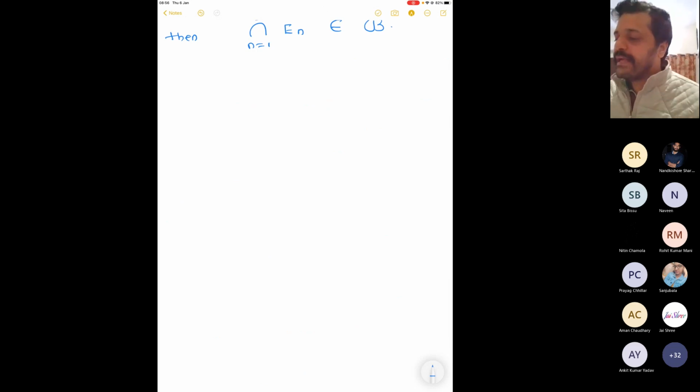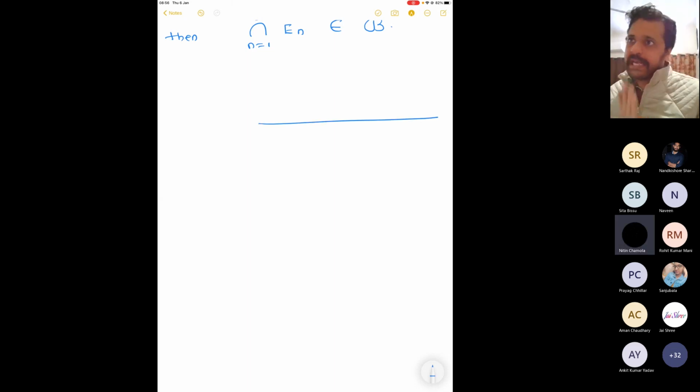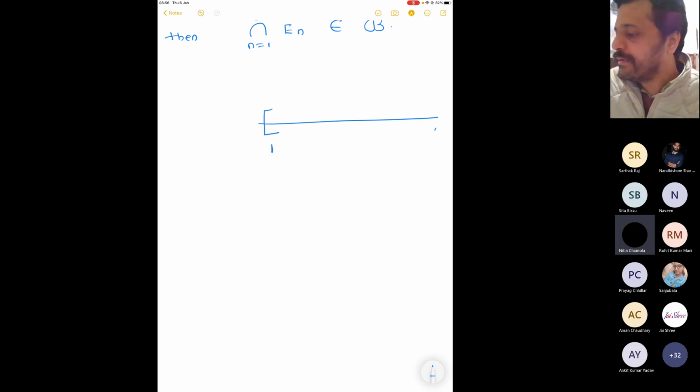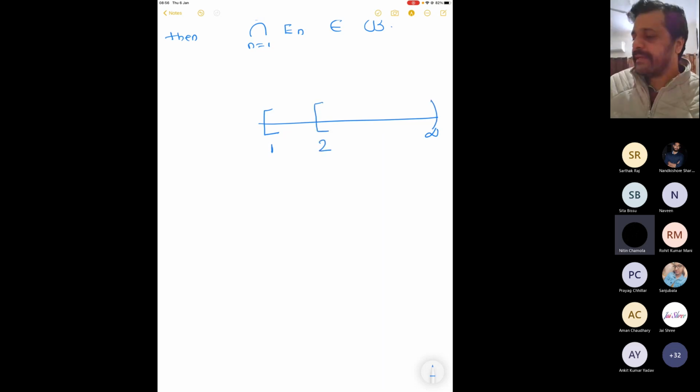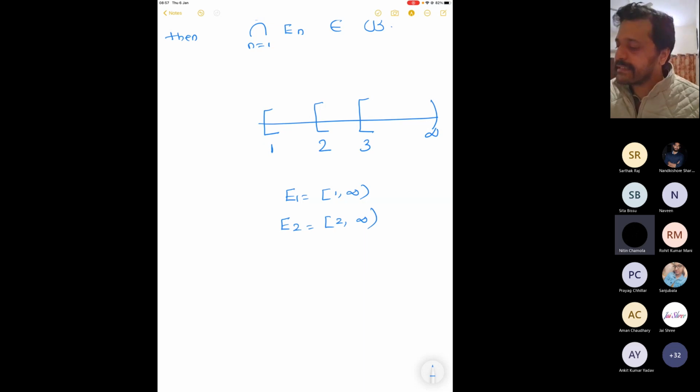Why? Let me give you an example. Suppose I take in R1 length as my measure and consider E1 to be 1 to infinity, E2 to be 2 to infinity, E3 to be 3 to infinity, and so on. So what is the intersection?